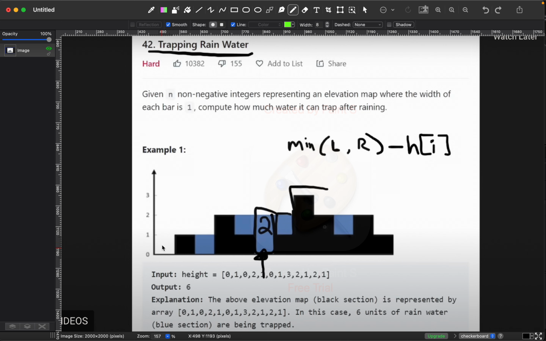So the left side over here is 0. We will just leak. The minimum of the left side over here is 0. Leak. Minimum of left side is 0. Leak. Minimum of left side is 1.